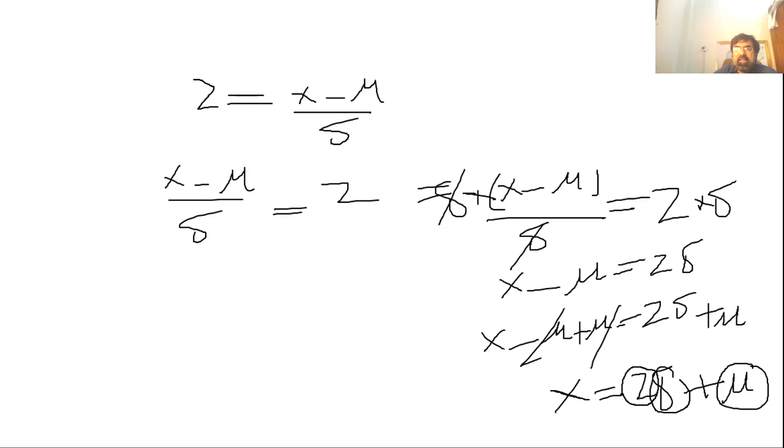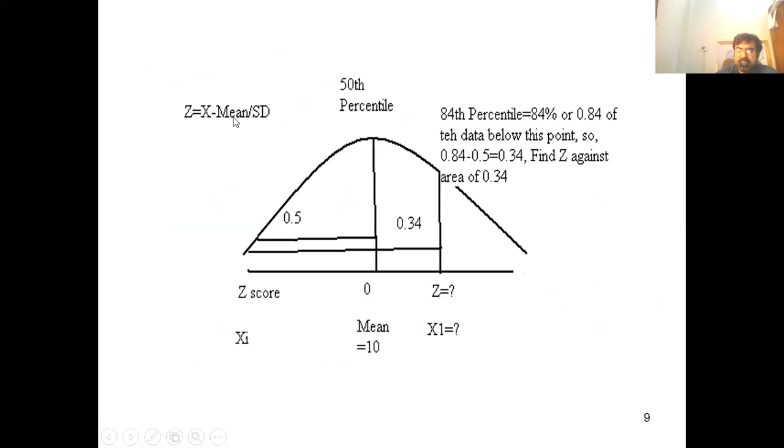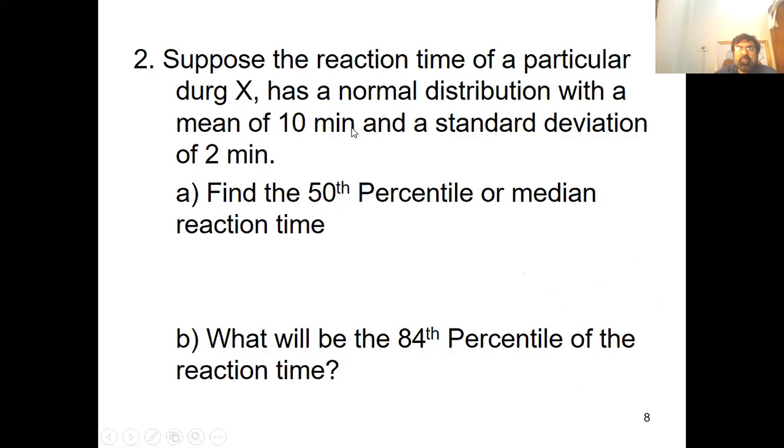Now, what is the data over here? Find the 50th percentile or median reaction time. What will be the 84th percentile of the reaction time? And the mean is 10 minutes with a standard deviation of 2 minutes. So we have to extract the data first, and then we will go for the solution.